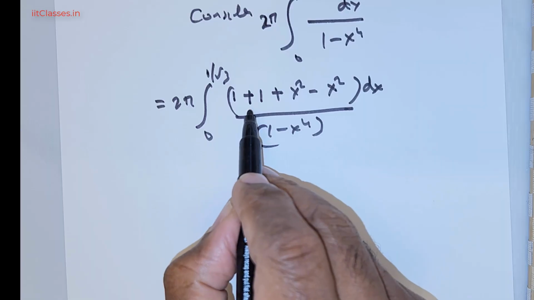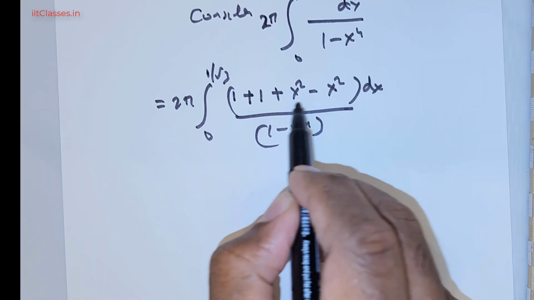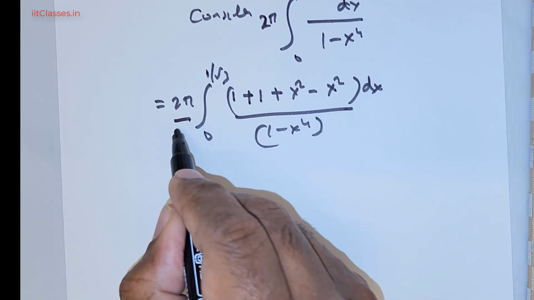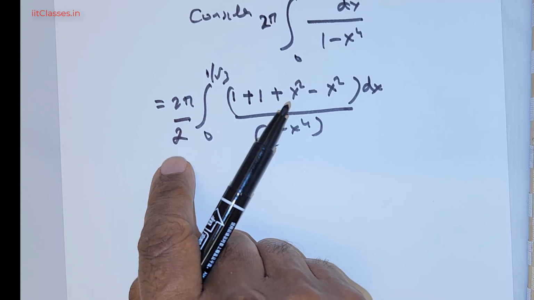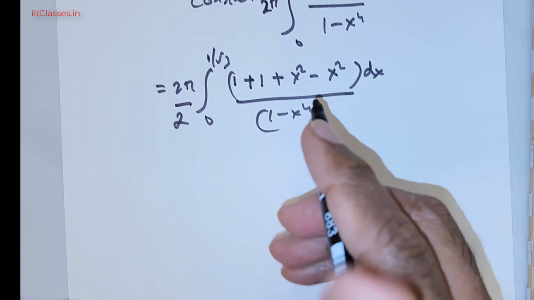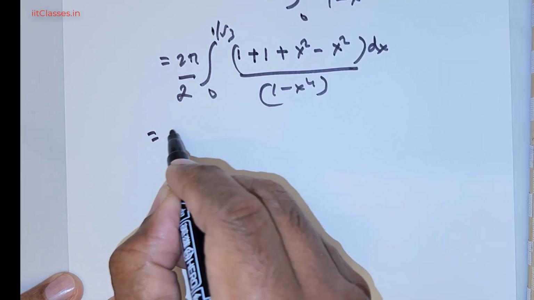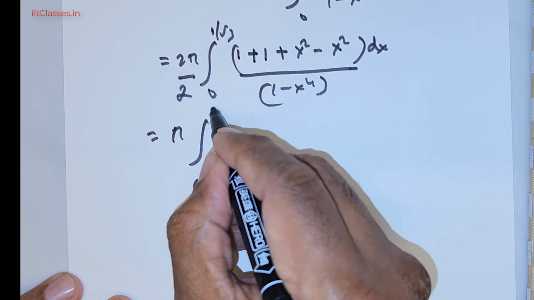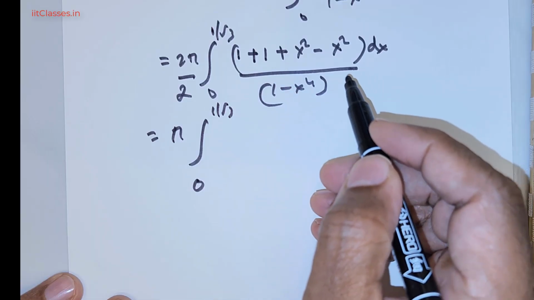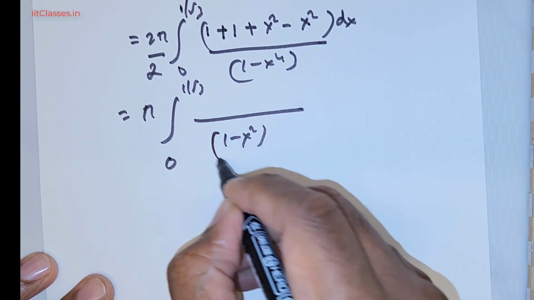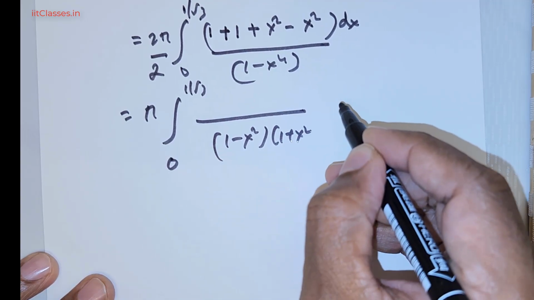Now plus x squared and minus x squared get cancelled, but there is a 2 there, so I will have to counter it with the 2 in the denominator. So the 2 gets cancelled, and I will have pi integral from 0 to 1 over root 3. Now the denominator is of the form 1 minus x squared times 1 plus x squared.